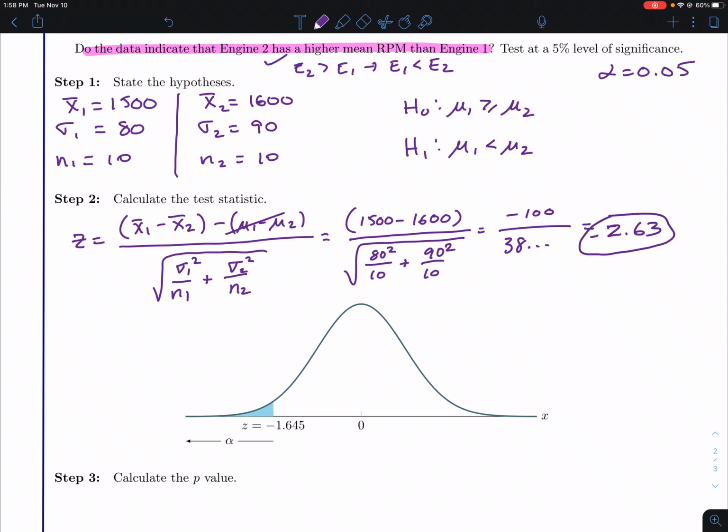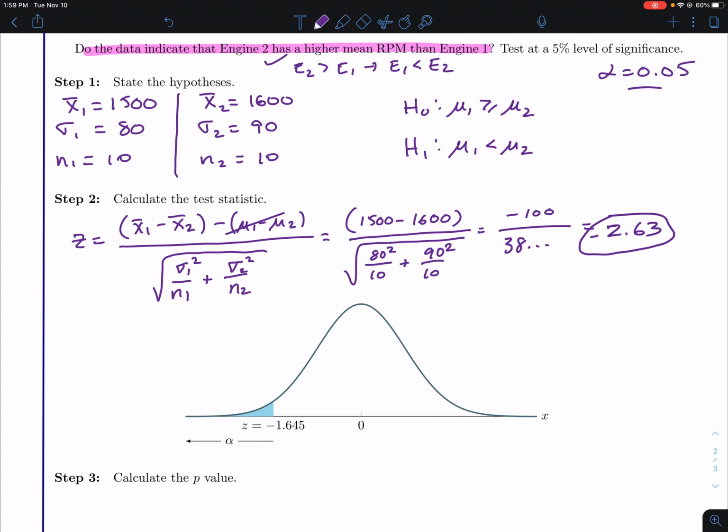So remember, I like to go in figuring out whether this is going to be a fail to reject or a reject just by looking at the z-score and comparing it to the alpha level right away. So remember, with an alpha level of 0.05, we can use inverse norm to figure out what that z-score would actually be.